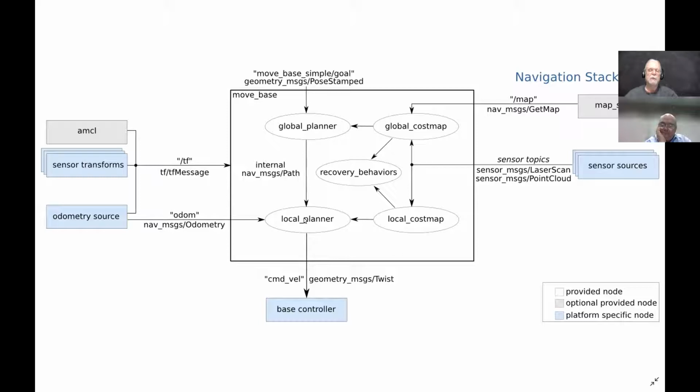And it determines that by saying, I want you to drive forward at this speed and then control the steering. So all the standard ones put out a standard command velocity. So if I just put that converter in, then I could drop in either move base or move base flex.